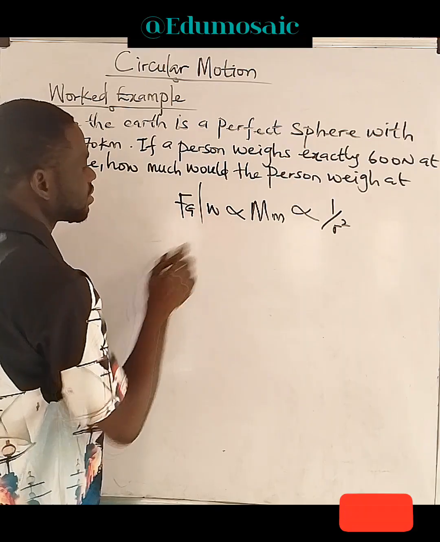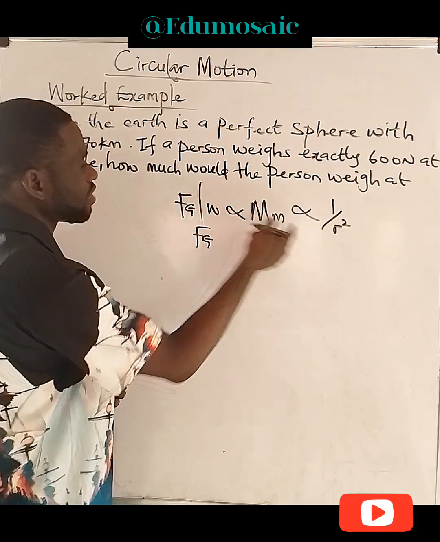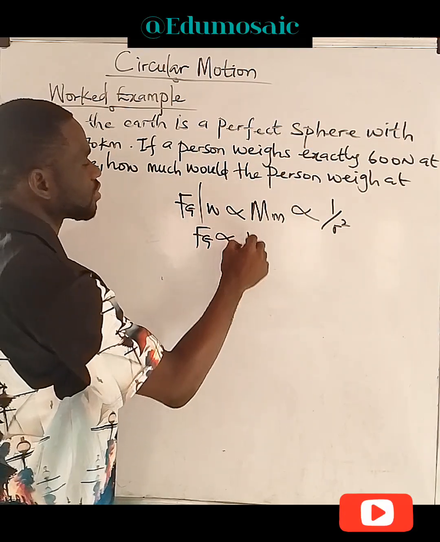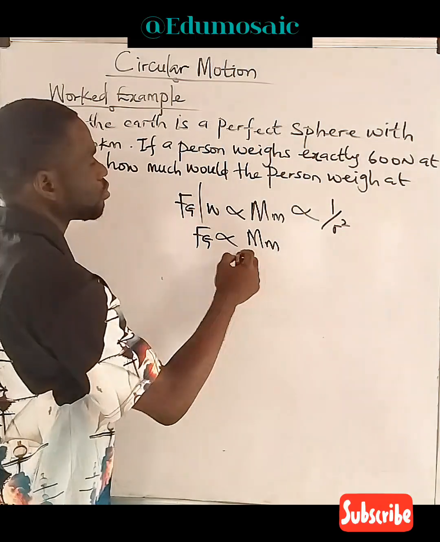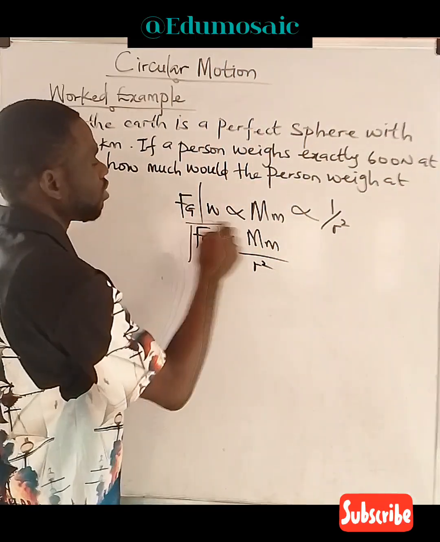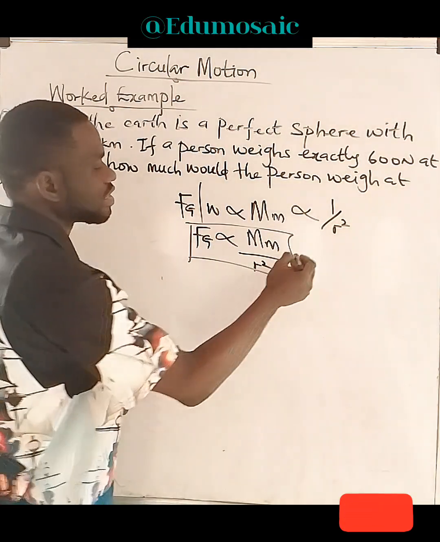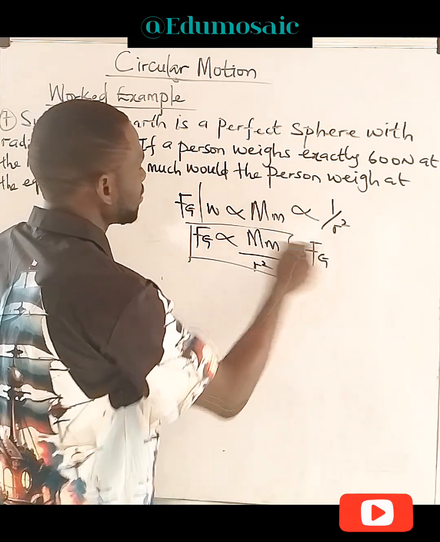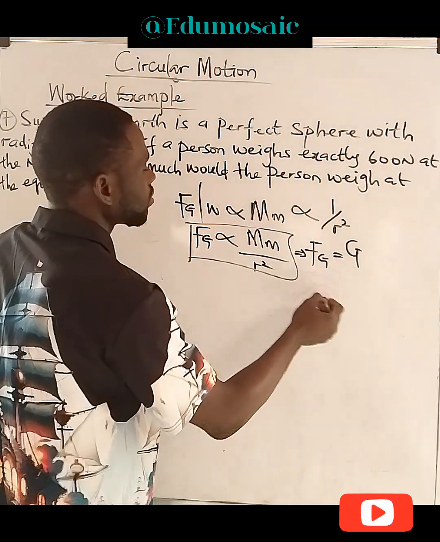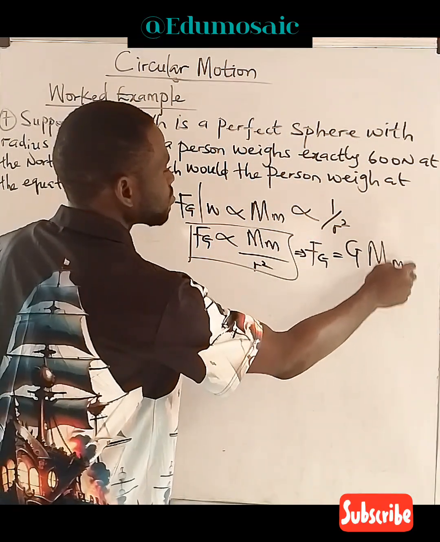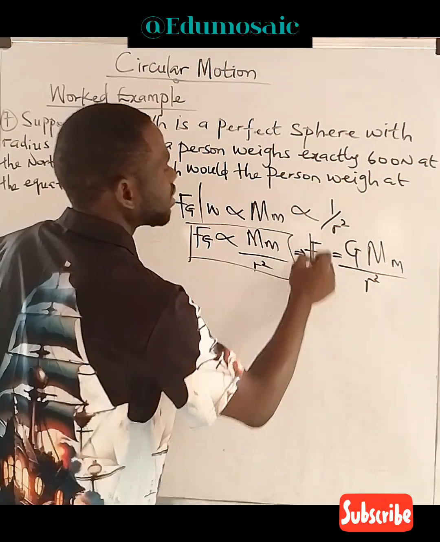So we can bring in a gravitational constant. The force of gravity or the weight is equal to the gravitational constant, the bigger mass, the smaller mass, over the square of their distance apart.